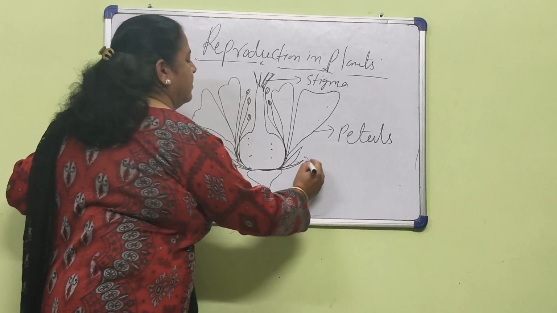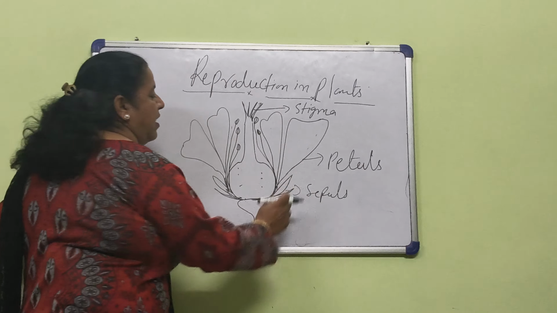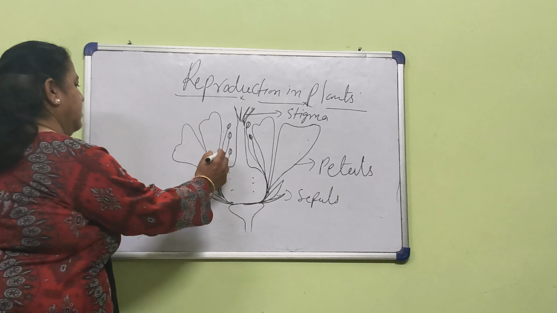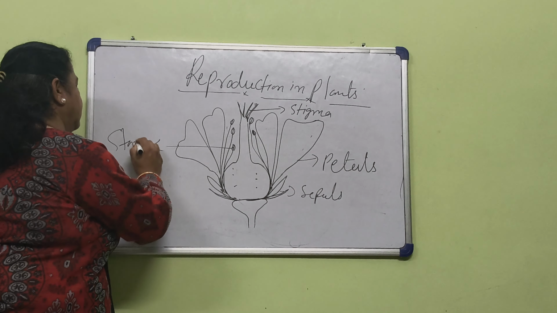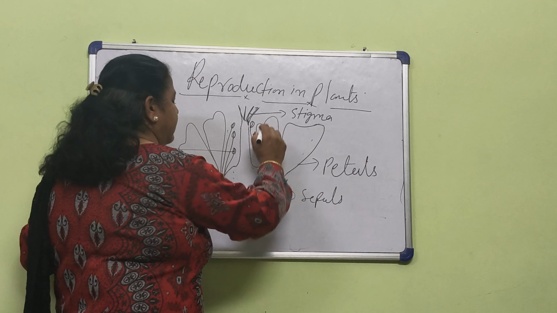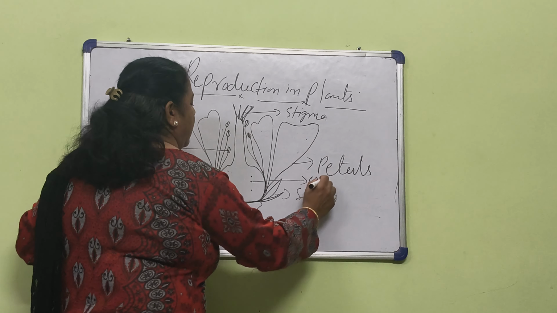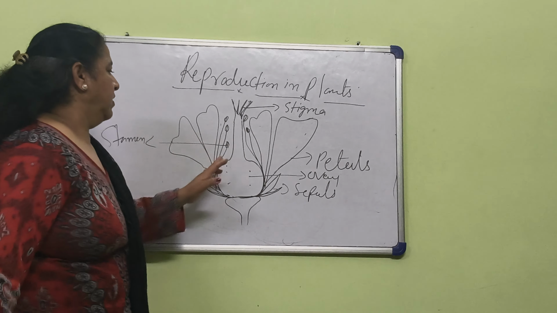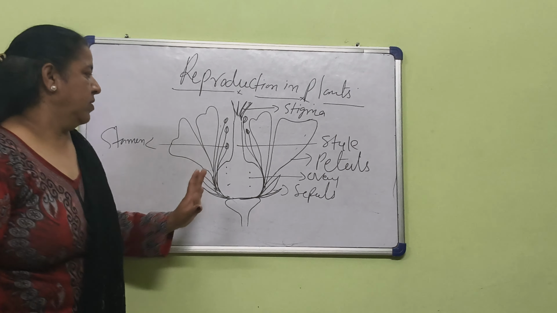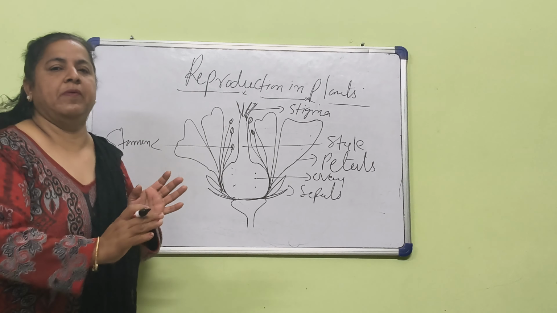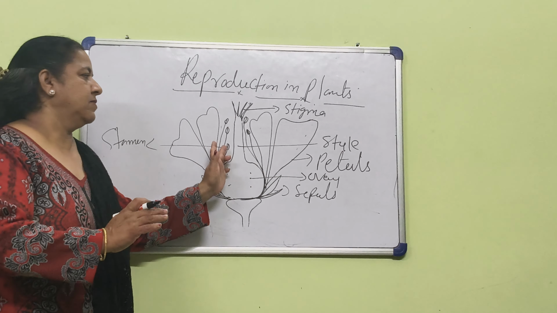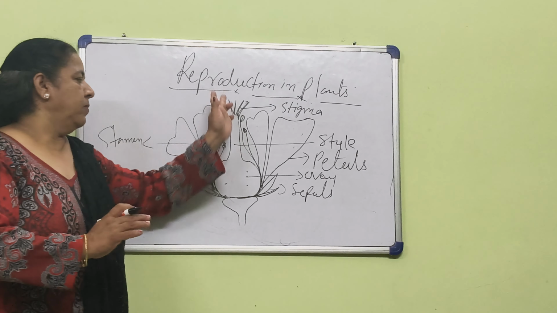Okay, these are sepals, then petals, these are stamen, and this is the pistil. This complete female part is known as pistil, and it contains ovary, style, and stigma.